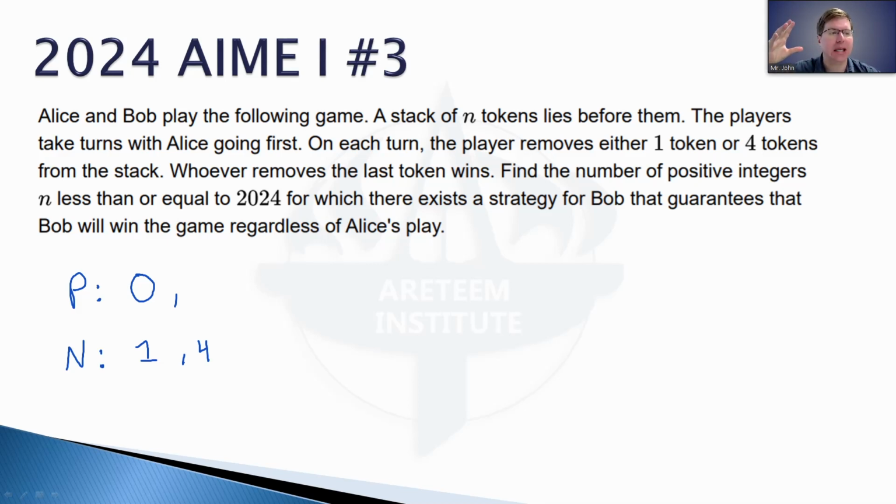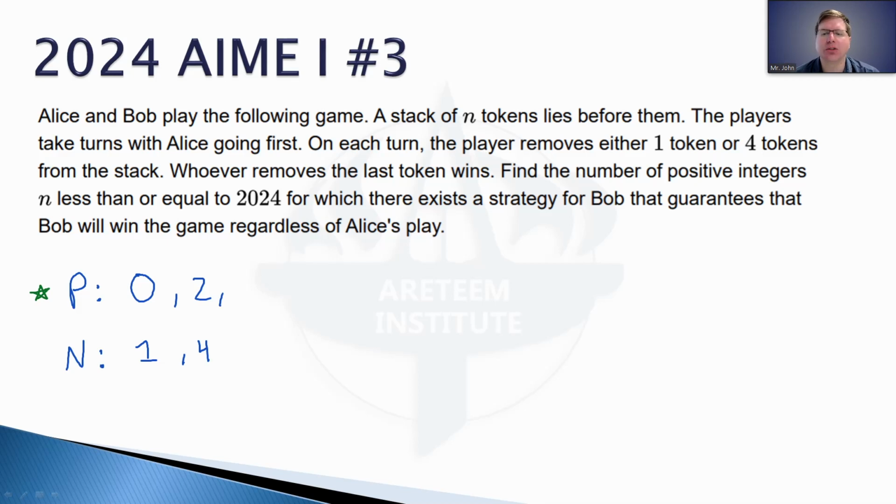Remember, let me put the star by this quick. This is where we want to be. This is the good place. If you can't move to that place, then the previous person to move is winning. So if it's at 2, you're forced to go to 1, and then the next person takes the token and wins there. So that's where we can start building these things up.